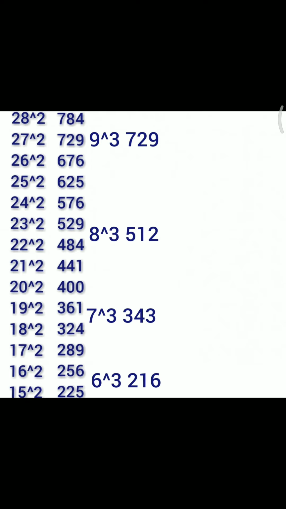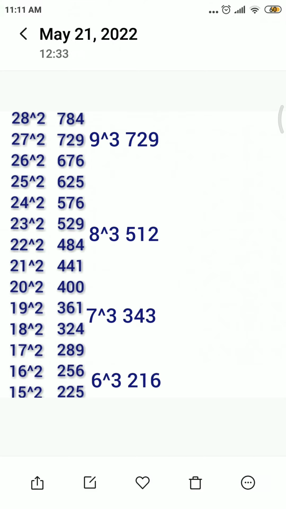Because if you take squares and the cubes, there are some squares included below this cube. So till 26 squared, they are contained below 9 cube, or the Orion queen, or whatever we call her.